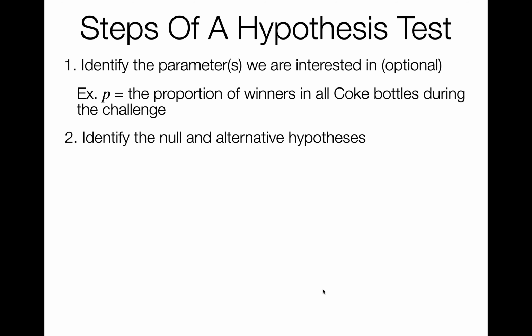The second step, after identifying what parameters you're actually interested in, is to identify the null and alternative hypotheses. Okay, so you're going to write those down, and it looks like this. For the null hypothesis, I usually write H with a subscript of 0, and you're not going to read that as H-O or something like that.